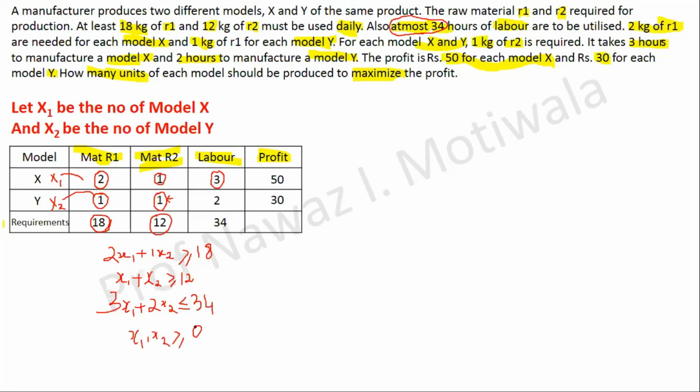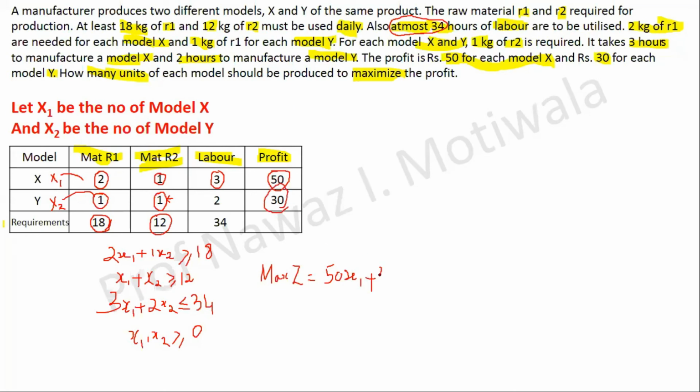Now the last part that remains is the objective function. So the objective was to maximize Z, which is the profit, which is equal to, again you can see here the profit per article of X is rupees 50. So if there are X1 articles, it will be 50 multiplied by X1. And similarly for model Y, it is given that profit per article is 30.